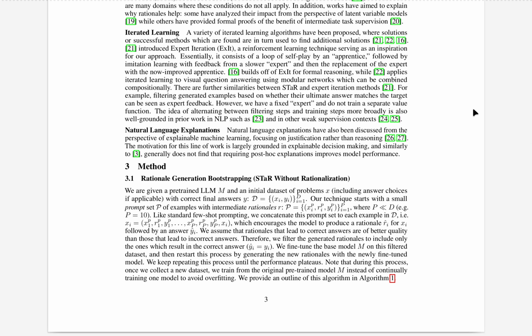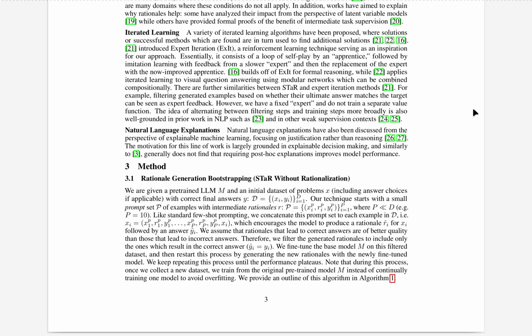STaR without rationalization. We are given a pre-trained LLM, an initial dataset of problems X, including answer choices if applicable, with the correct final answer. Our technique starts with a small prompt set of examples with intermediate rationales, where, like standard few-shot prompting, we concatenate this prompt set to each example, which encourages the model to produce a rationale.